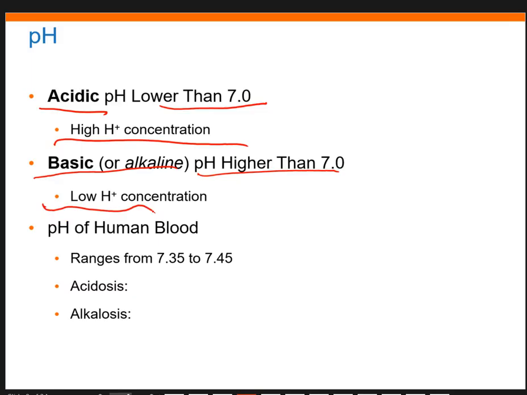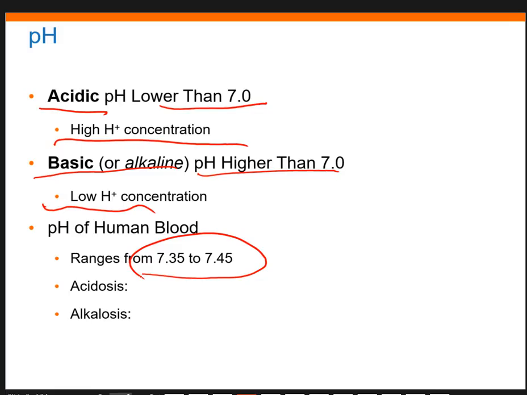The pH of human blood is slightly alkaline. It's slightly basic, just above 7. Human blood should be between 7.35 and 7.45. If it's not in that normal range, there's a disease process present. There's a problem in the body. Those problems are called acidosis or alkalosis.